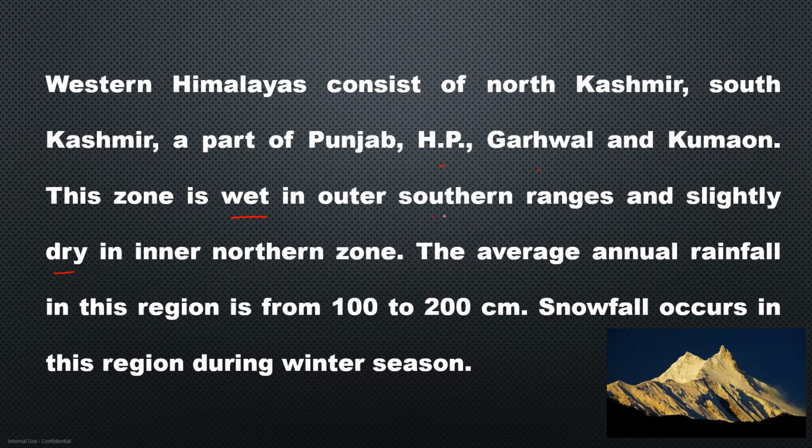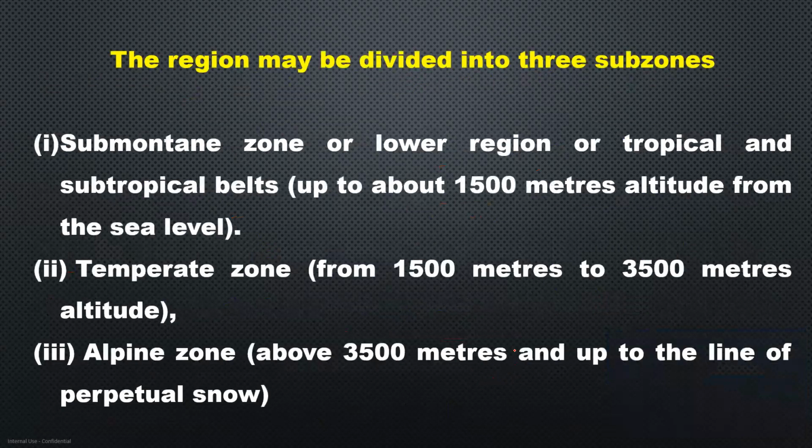So the southern part receives greater rainfall, wetter region, and the inner northern zone is a little dry. The average annual rainfall in this region is from 100 to 200 centimeters, right? Snowfall occurs in this region during winter season. We all know it, right? The beautiful snowscape of this region is always a treat to the eye, isn't it?